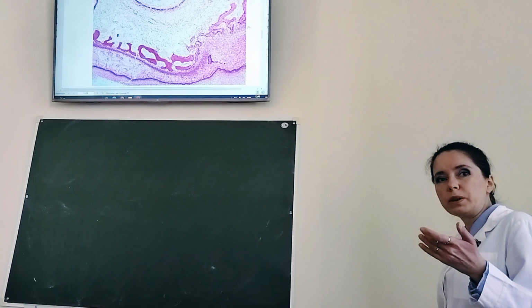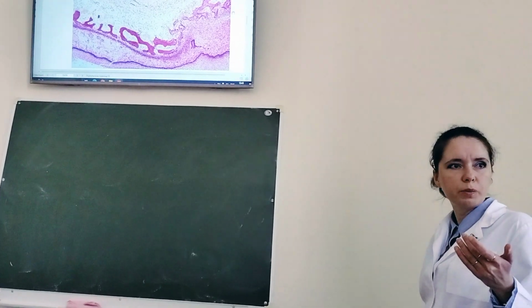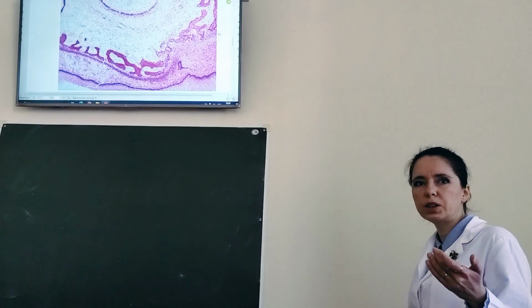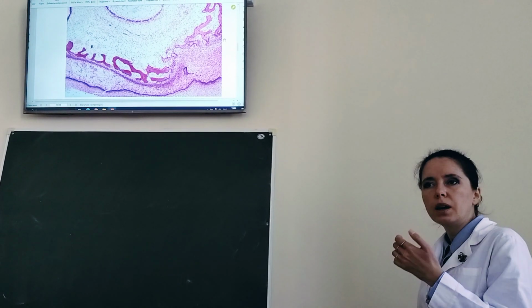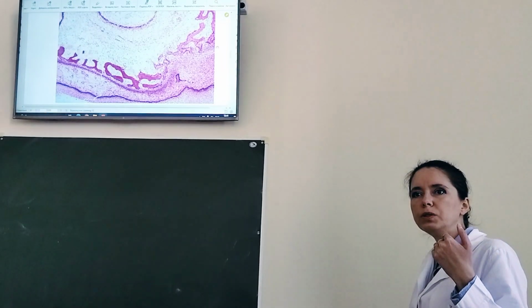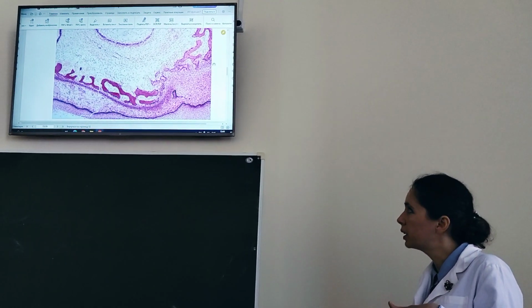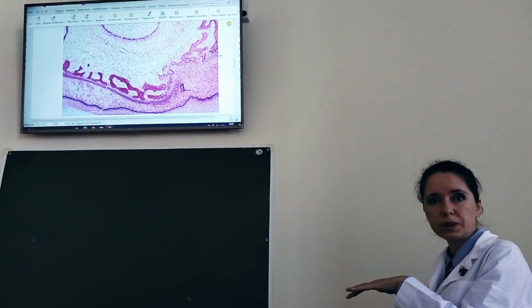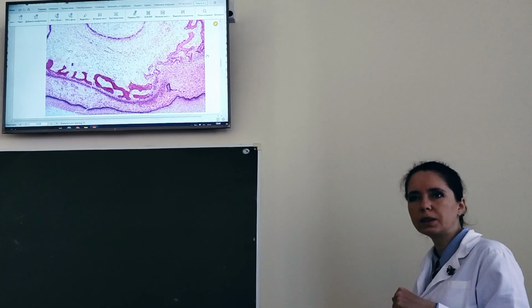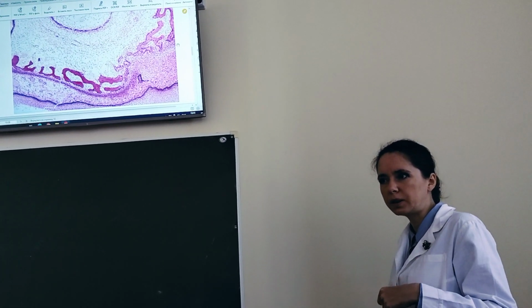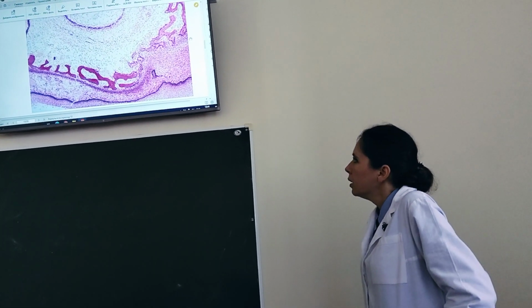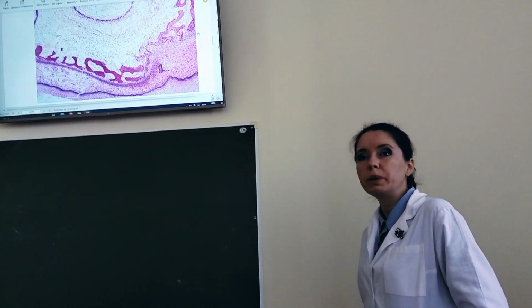Now development of bones, ossification or osteogenesis. We remember we need to differentiate between direct and indirect ossification. This is direct ossification, meaning directly from mesenchyme. How to identify it?